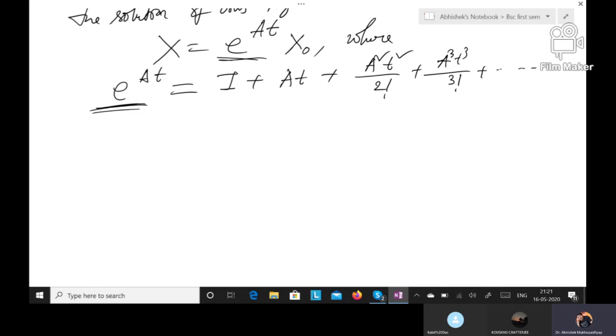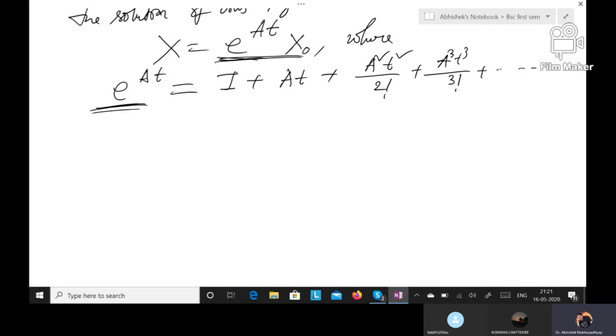That is, the solution of the initial value problem X dot equal to AX, where the initial condition is X at 0, its value is X naught, is given by this expression, and this expression is unique.